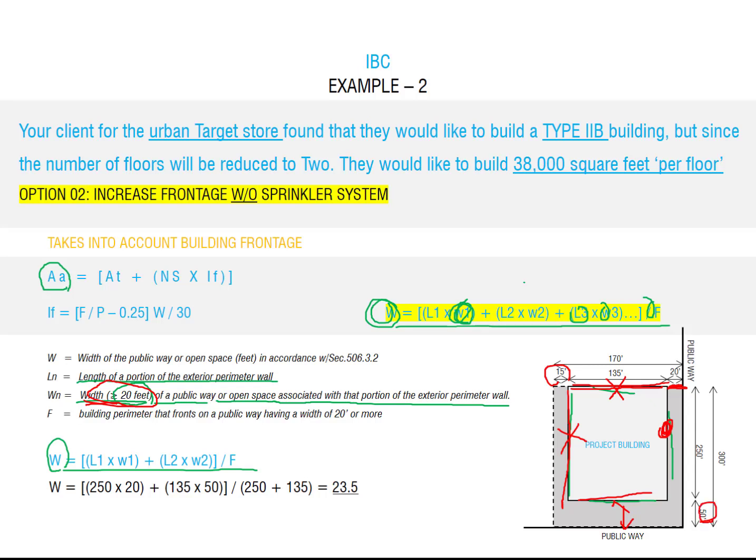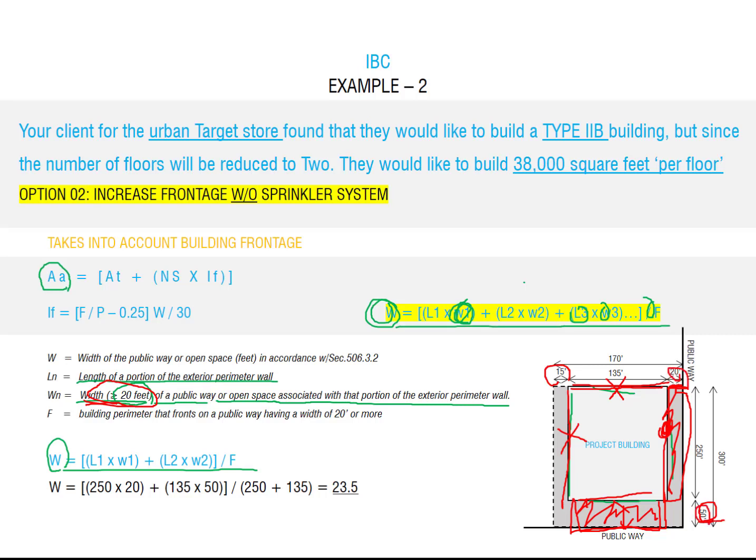Now you can simply follow the more than 20 feet width, so you calculate this area and this area, because it is more than 20 feet here and more than 20 feet here.